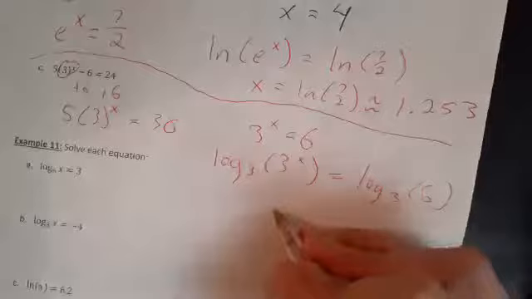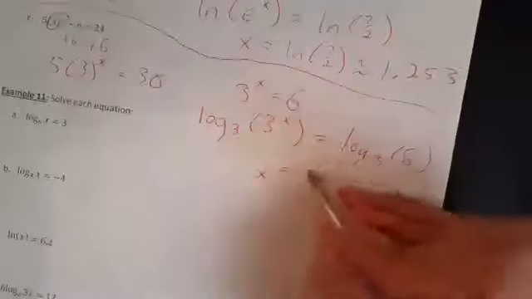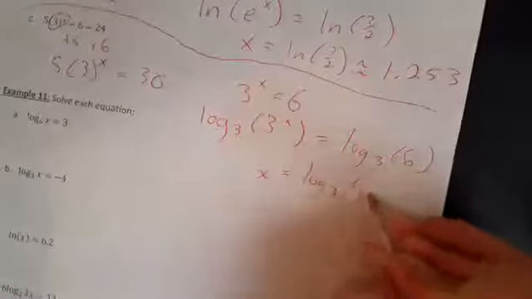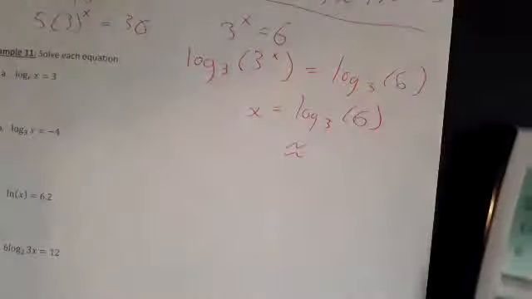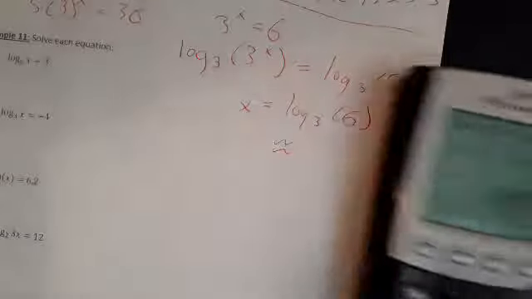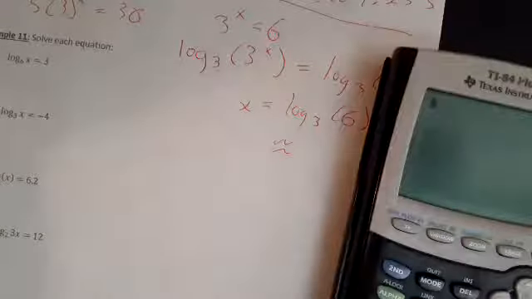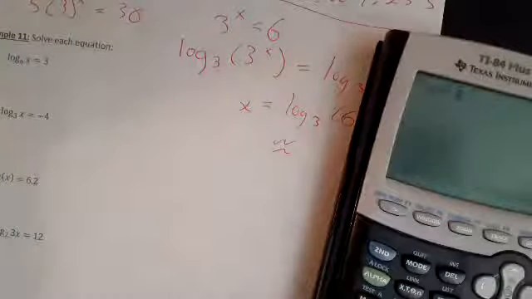And so this side is giving me my x right away. This side is giving me something crazy, but I can put it in my calculator and figure out an approximation if I wanted to. So this is log base 3 of 6. Or I could do a log of 6 divided by a log of 3.